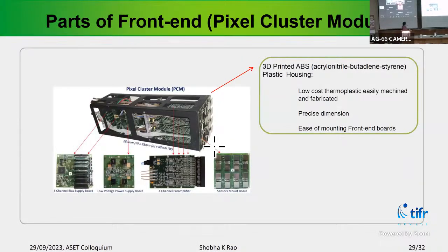And all these boards fit into this, what we call a pixel cluster module, into this housing. What we have used is an ABS plastic 3D printed housing. With this, the cost of this housing is low and it can be easily machined or fabricated, and we get the precise dimensions because everything has to be tightly fitted to form a camera.